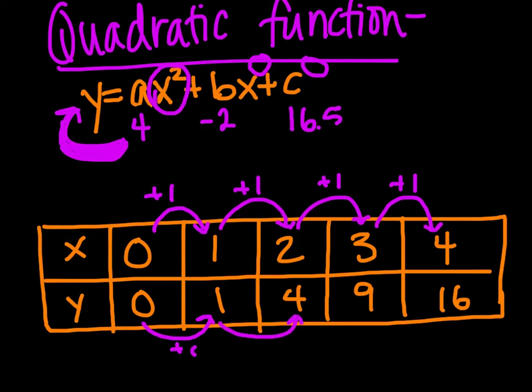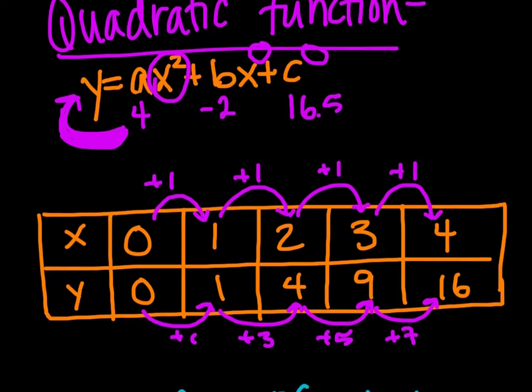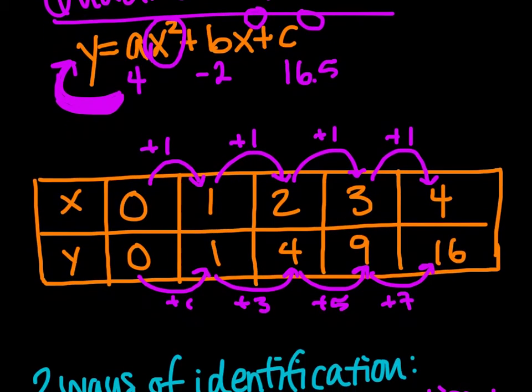We're adding 3, adding 5, adding 7, between the 0 and the 1, the 1 and the 4, the 4 and the 9, and the 9 and the 16. Now, as of right now, we can't see that there's any real pattern except for that this is 1, 3, 5, and 7 at the bottom, and that's kind of like increasing everything by 2. So we're adding 2 here, adding 2, adding 2.